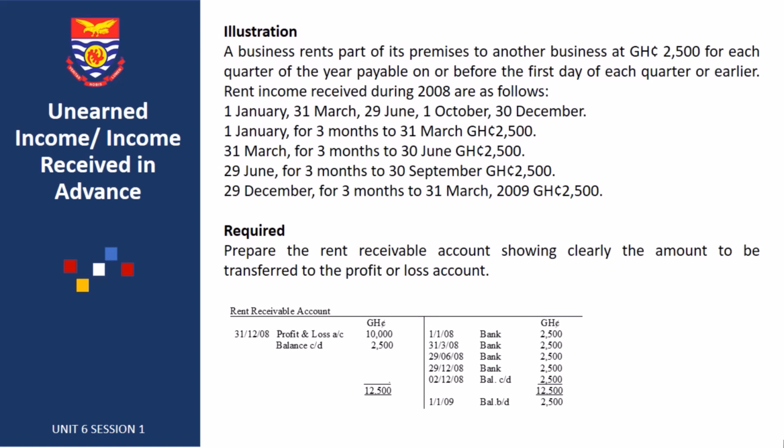Rent income received during 2008 are as follows: 1st January, 31st March, 29th June, 1st October, and 30th December. 1st January for 3 months to 31st March, 2,500 Ghana cedis. 31st March for 3 months to 30th June, 2,500 Ghana cedis. 29th June for 3 months to 30th September, 2,500 Ghana cedis. 29th December for 3 months to 31st March 2009, 2,500 Ghana cedis.